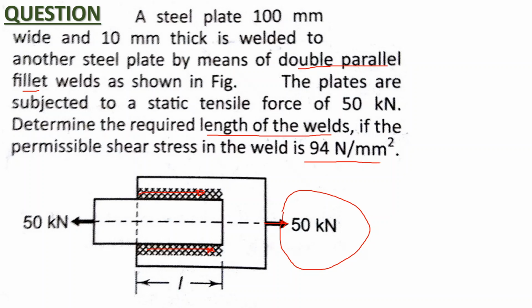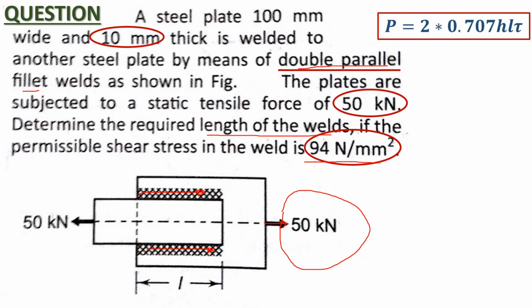So the values given to you in the question are the thickness of the plate, that is 10 mm, the tensile force acting on the plates, which is 50 kilonewton, and the permissible shear stress, which is 94 megapascal. Now you already know that we have to use this equation which says that P, which is the strength of the plate, is equal to 2 times 0.707 times H times L times tau.